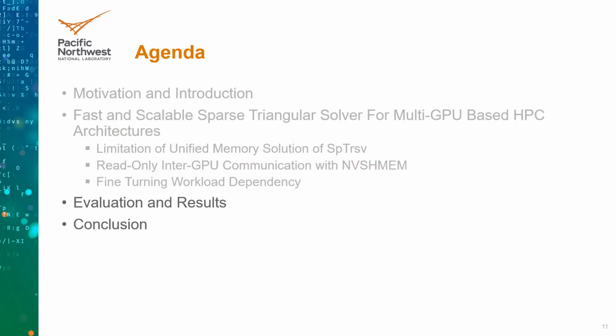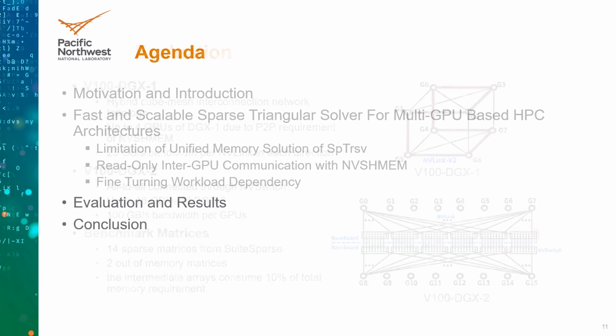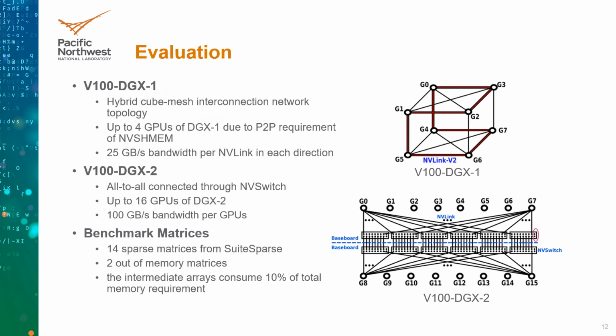I just finished the detailed technologies for our zero-copy SpTrsv. Next, I will show the evaluation, the results, and the conclusion of my talk. We evaluate the SpTrsv on two multiple GPU systems, Volta V100 DGX1 and Volta V100 DGX2. The major difference between the two systems is the connection topology.